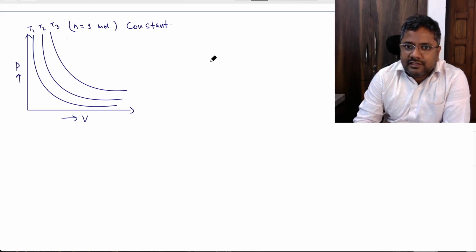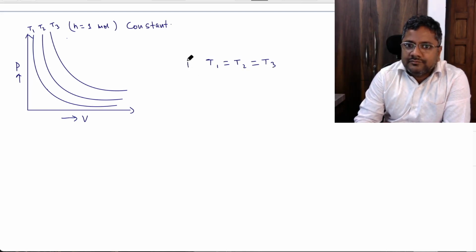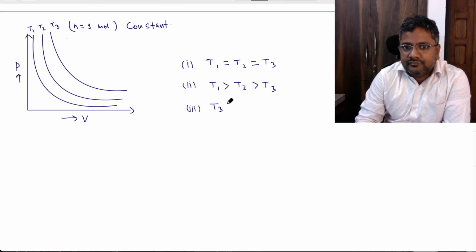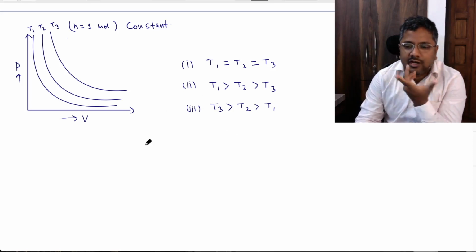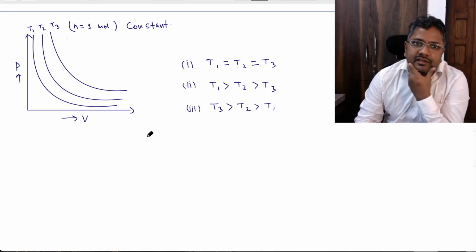So is T1 equal to T2 equal to T3, or second, T1 is more than T2 is more than T3, or T3 is more than T2 is more than T1, right?